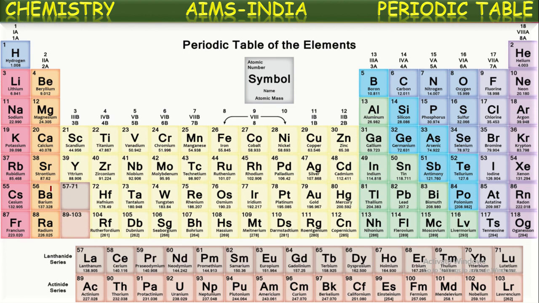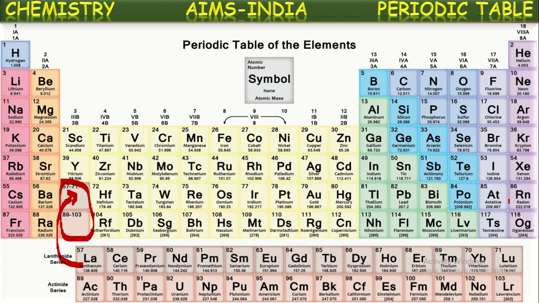Actually, not only 18 columns, totally there are 32 columns in this modern periodic table. If you observe, there are two separate horizontal rows with 14 elements each. These elements are to be kept in this place. So first two columns, and again these 14 columns, and the remaining 16 columns. Total becomes 32 columns in the modern periodic table.